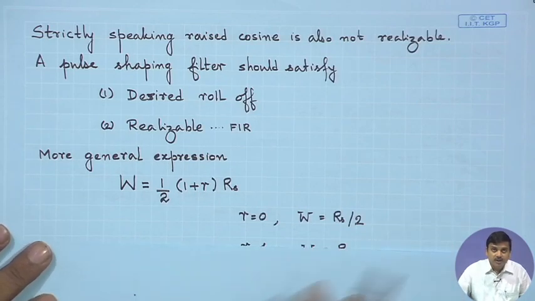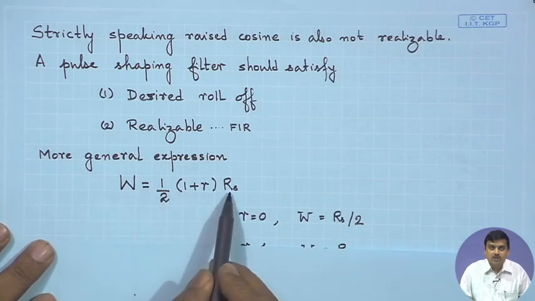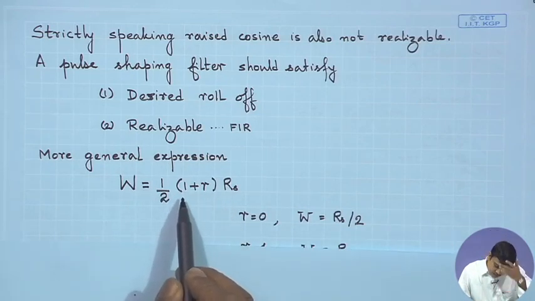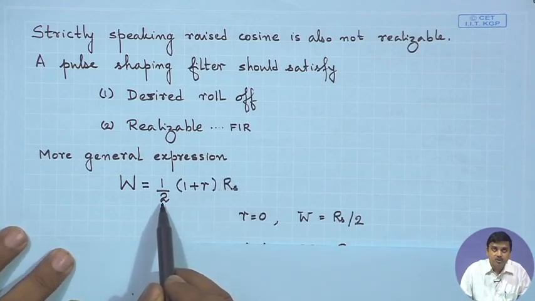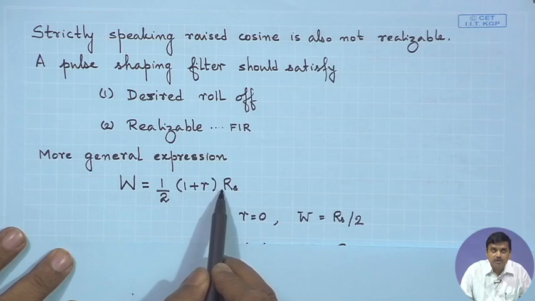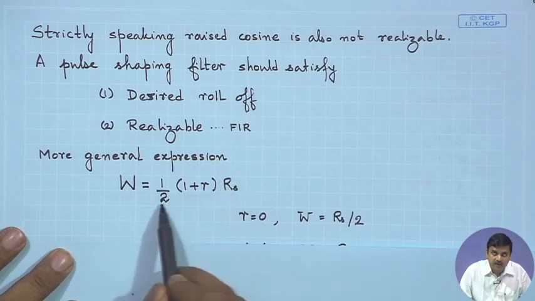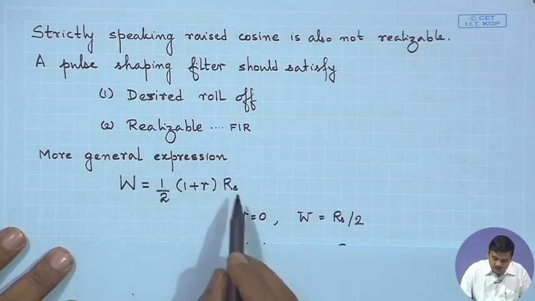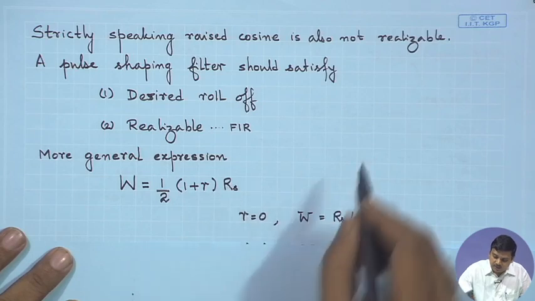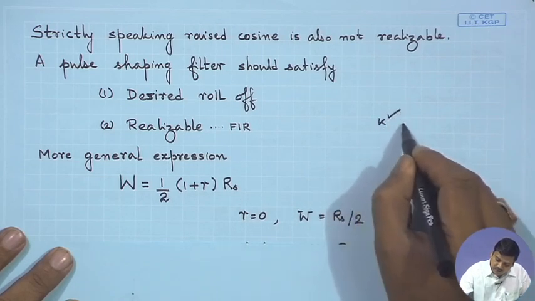A more general expression of W with respect to Rs is given through R, where we find that Rs by 2 is the W, because if Rs is the signaling rate, the bandwidth required is Rs by 2.